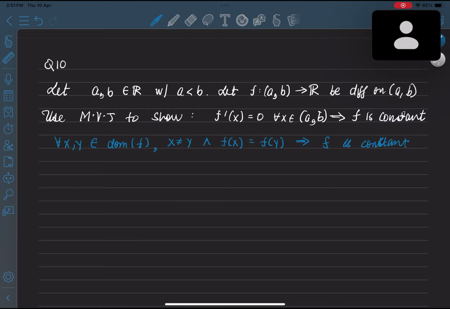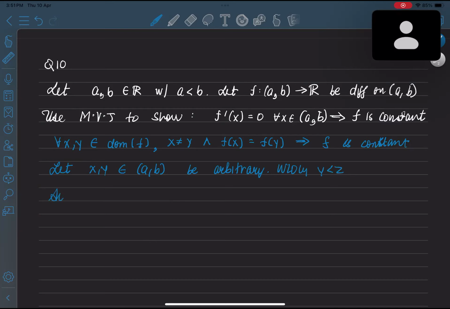So our domain is (a, b). So let x, y belong to (a, b) be arbitrary elements. Note, also without loss of generality, you could say y is less than z.